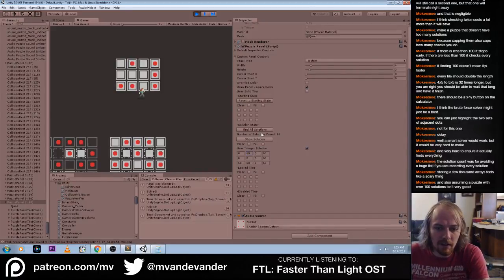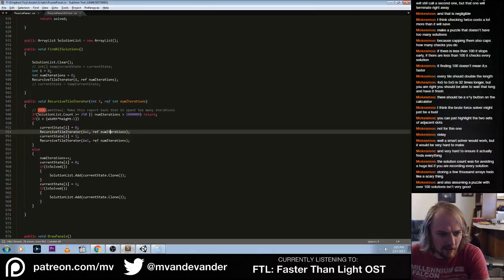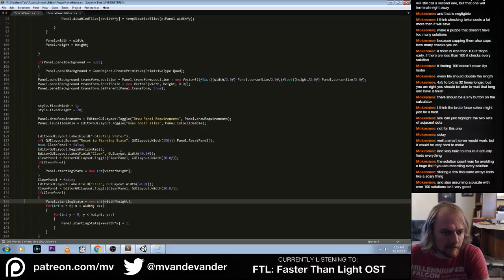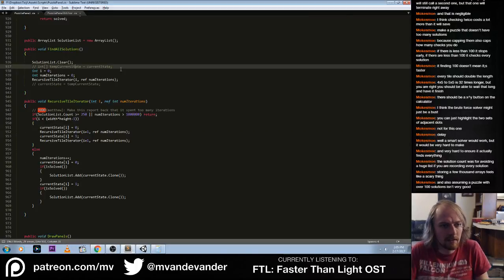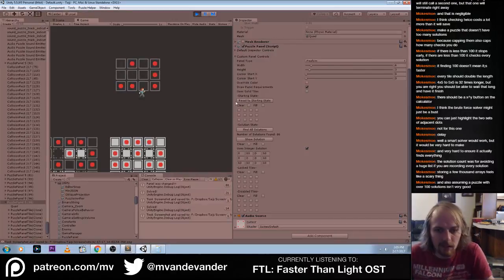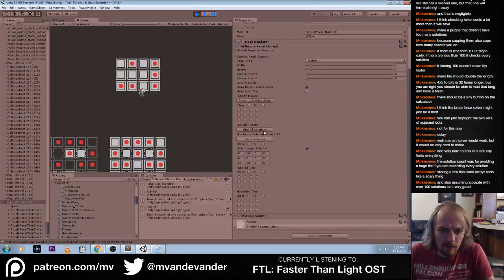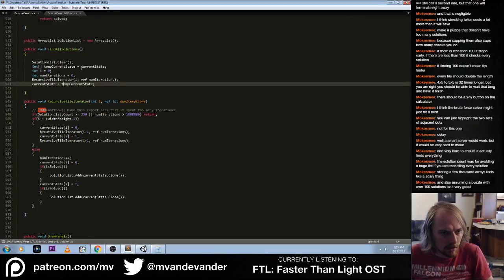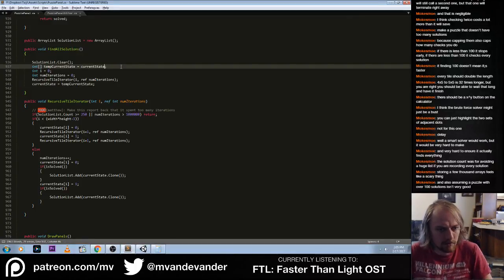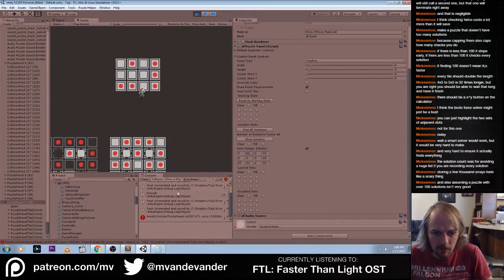But it is probably good to see how many solutions it has. I should probably have it cache the current state. I thought I did at some point. Oh, I did have it cache the current state. Oh, that's weird. Okay, it's just because it had not reloaded. I guess I need a clone, because it's probably a reference type.